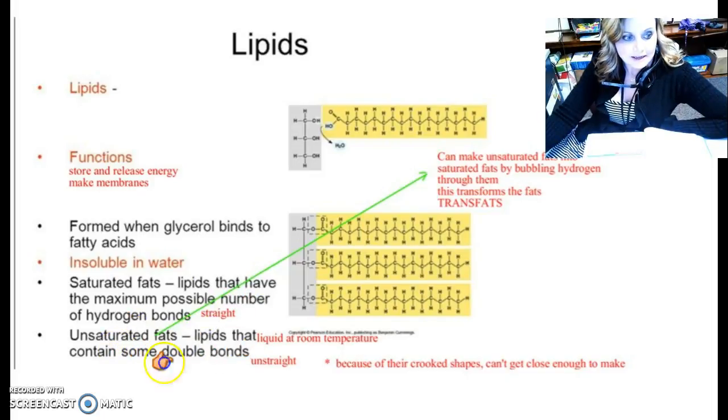Unsaturated fats contain some double bonds. So if you find any double bonds in there, you know it's unsaturated. Some of the easier ways to tell is that unsaturated fats can be liquid at room temperature, like cooking oil, whereas saturated fats are solids at room temperature, like butter.